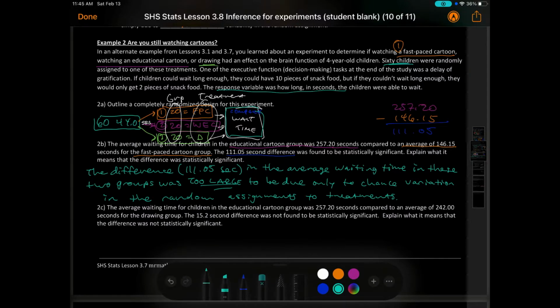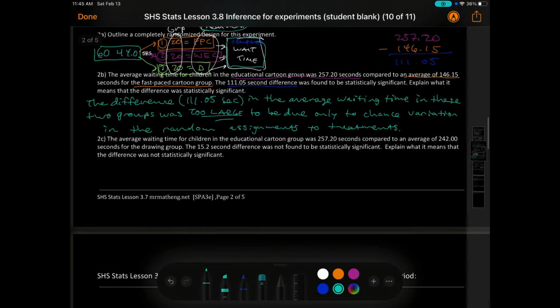So if I have one of those crazy kids and I randomly assign to one of the groups, you're saying that might change the numbers. But we're saying that it doesn't. It's not the crazy kid and that random assignment. It's actually what they're doing, the treatment, the red, pink, and blue, the drawing, educational, or the fast-paced cartoons.